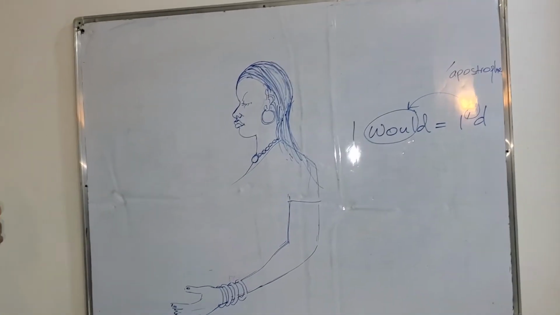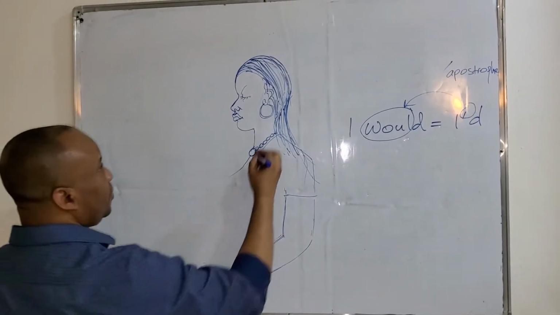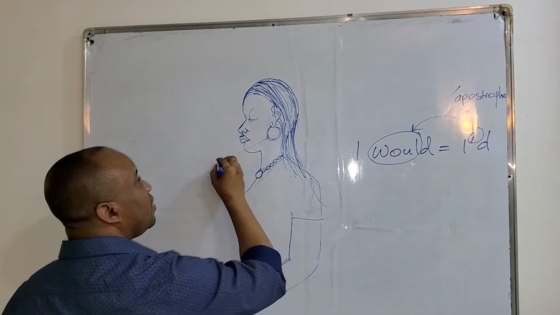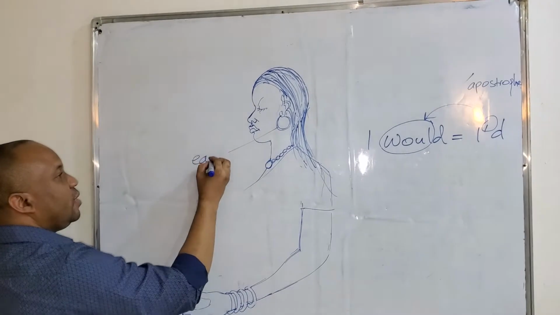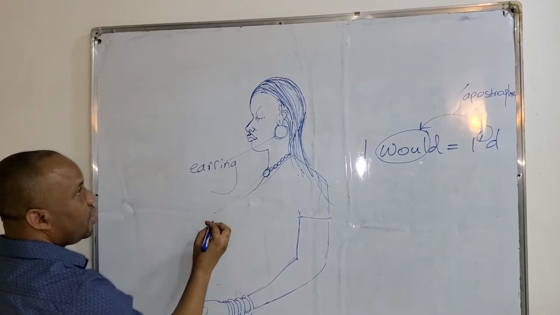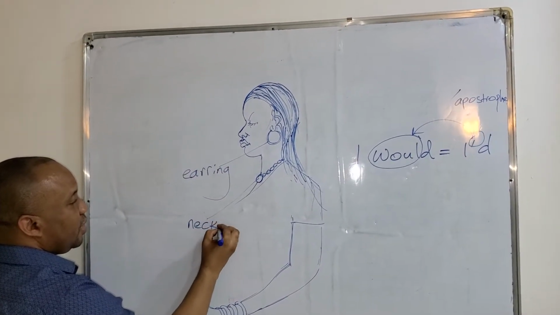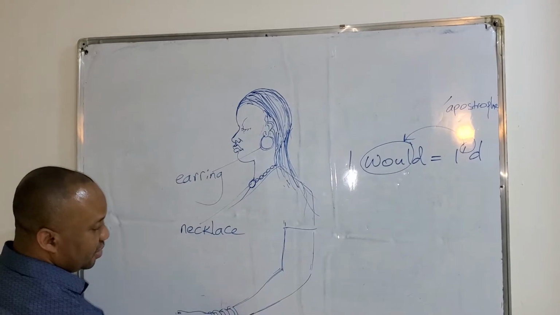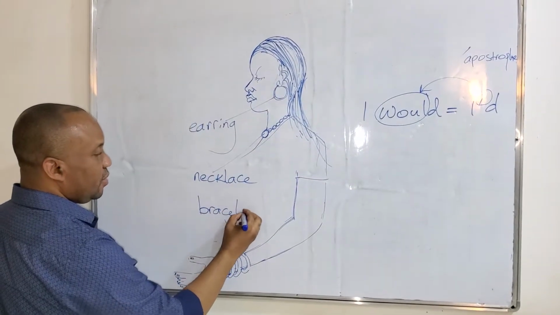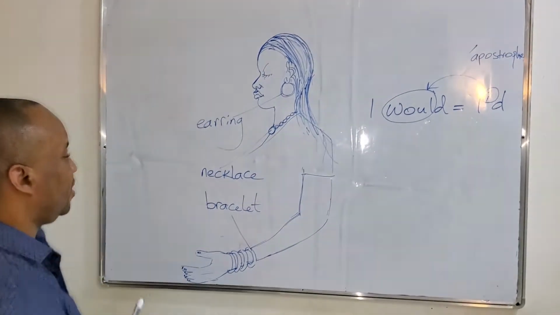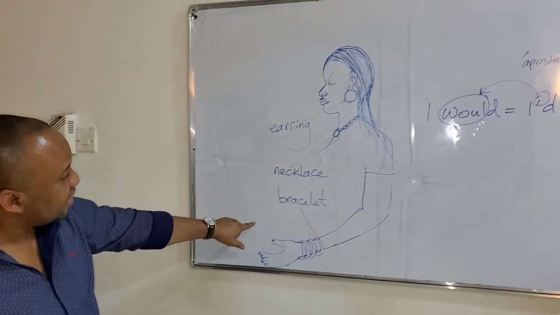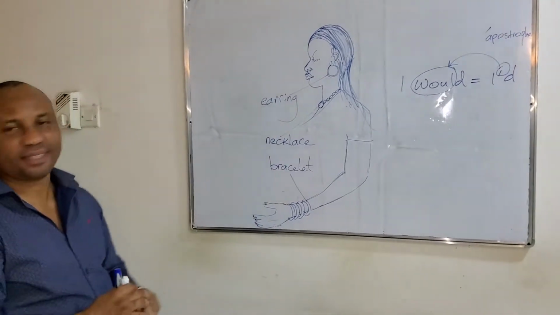Okay, so we have earring, necklace, bracelet, earring, necklace, bracelet.